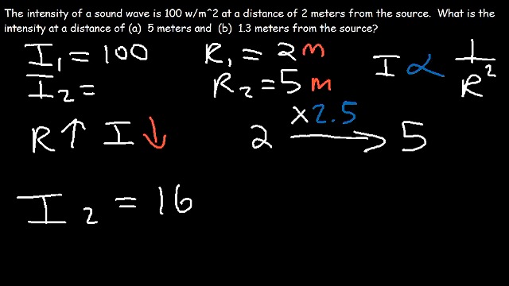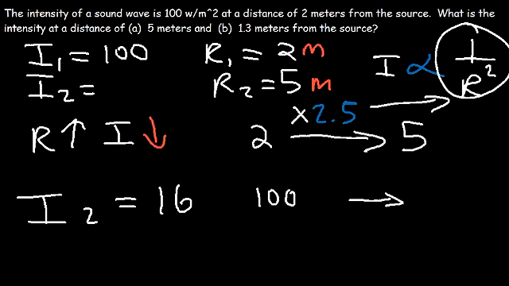So therefore, using the inverse square law, if we plug in 2.5 into R, 1 divided by 2.5 squared is basically 0.16, or 4 over 25. So therefore, the intensity should decrease by that factor. So multiply it by 0.16, which is 1 over 2.5 squared. 100 times 0.16 will give you the answer of 16.